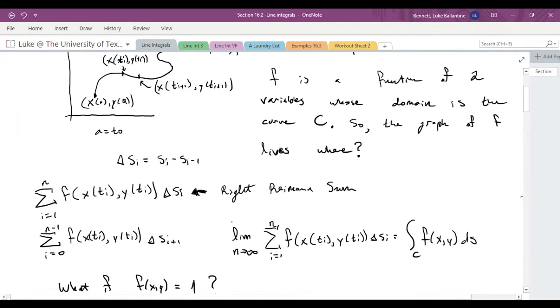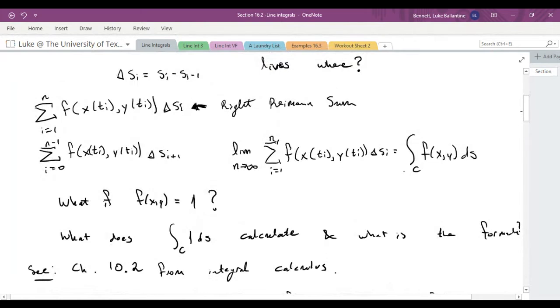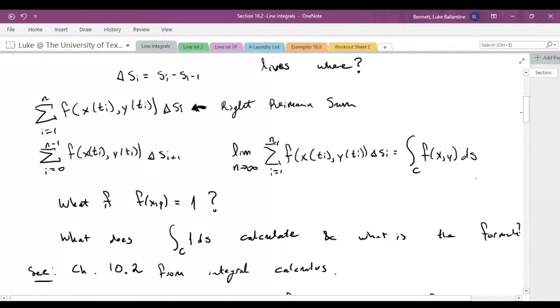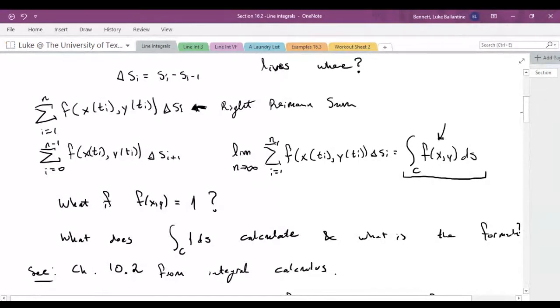If we take the limit of the Riemann sum, we get an integral, and so we have this notation: the integral over C of f, being a scalar function, ds, and ds is the differential element of our curve.